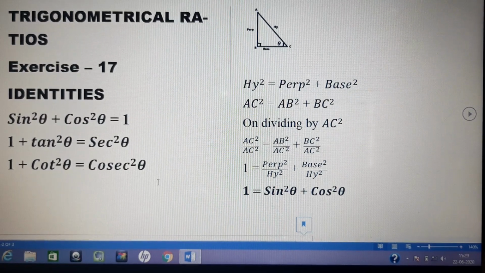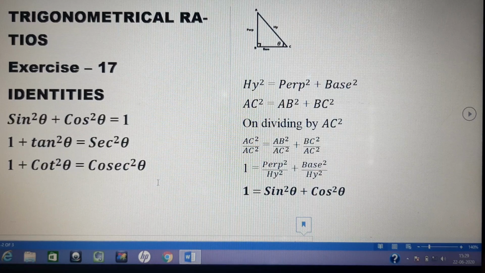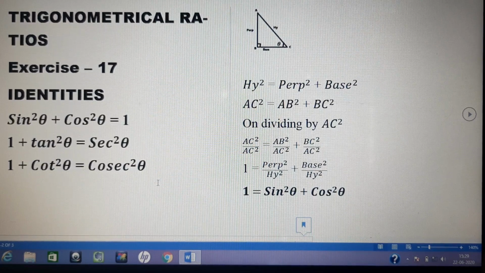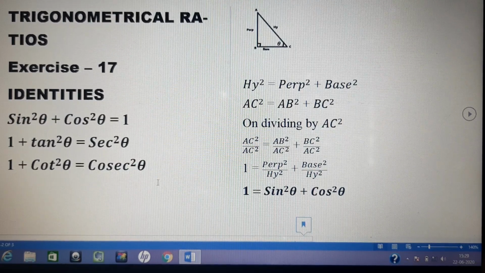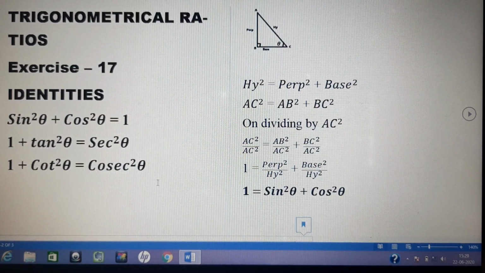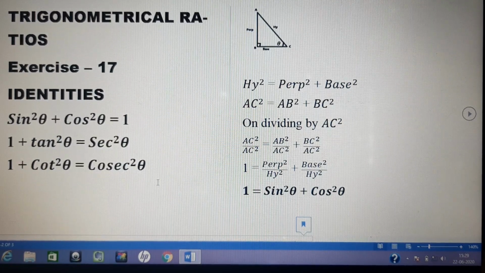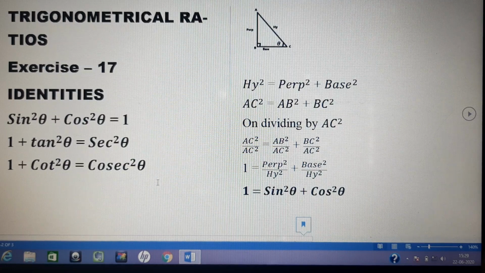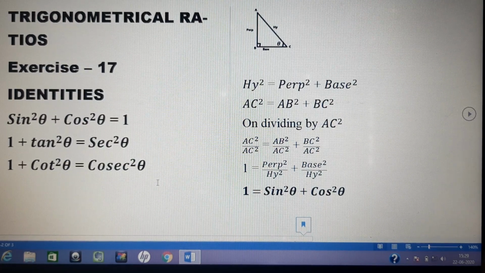Okay. You need to remember all these three identities are applicable only and only if the angle remains the same. See, I have used theta everywhere. The broad way to understand is this. If we have been given sin square 36 degree plus cos square 36 degree, then you need not look for their values.